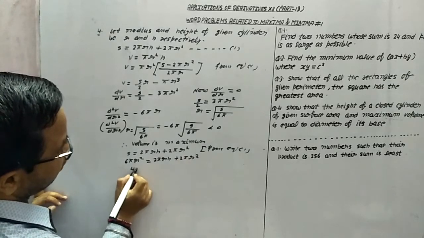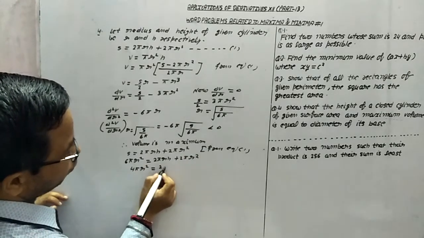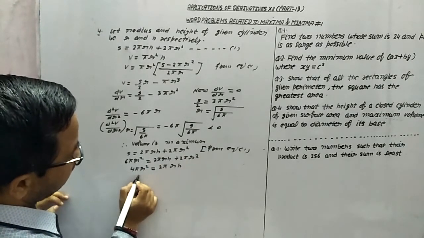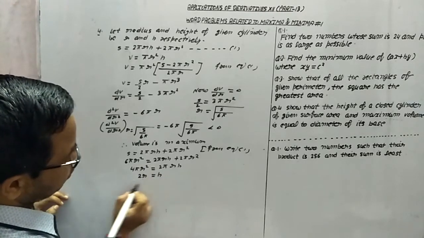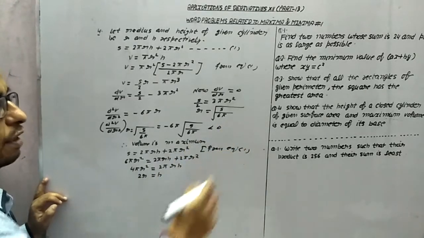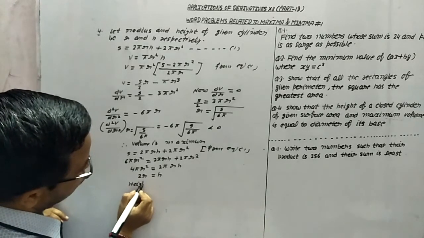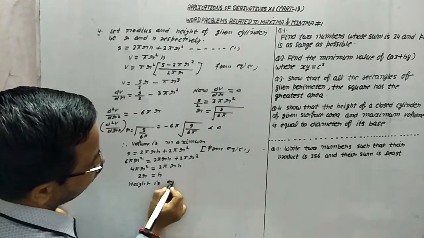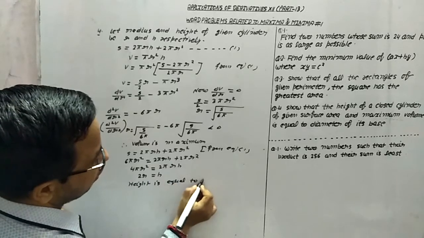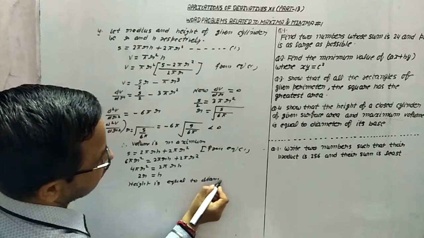It means 4 pi r square is equal to 2 pi rh. It means 2r is equal to h. Therefore, this is the condition that height is equal to the diameter of its base.